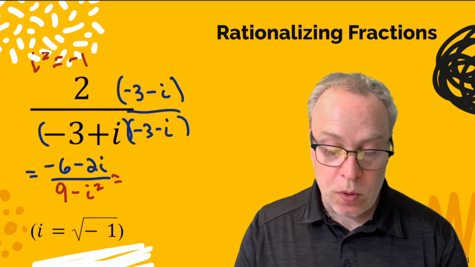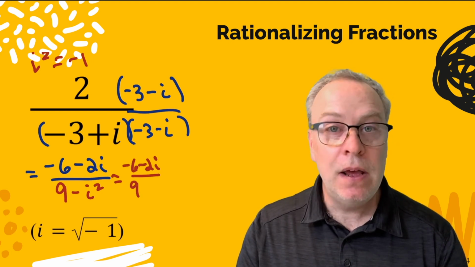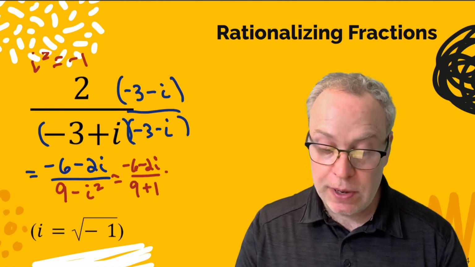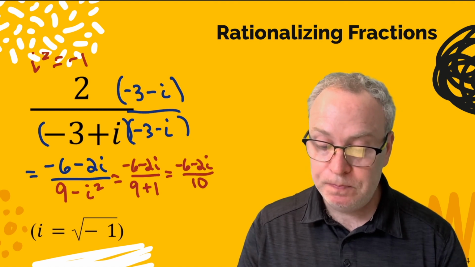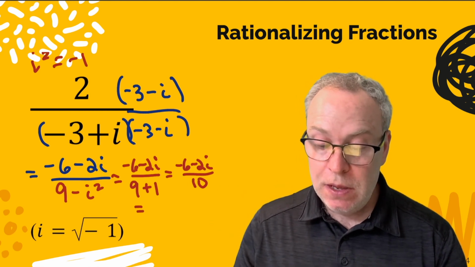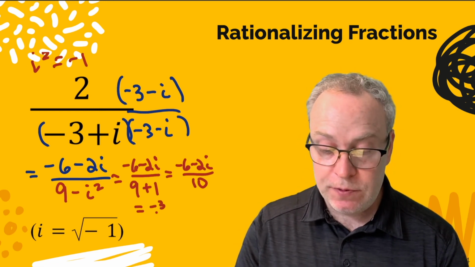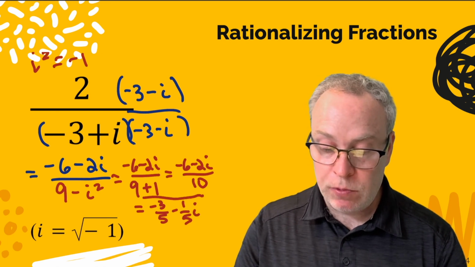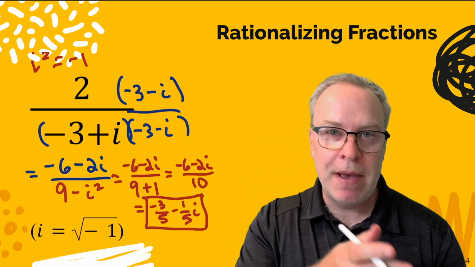So we're going to have -6 minus 2i all over 9 minus -1, which is really 9 plus 1. So we have -6 minus 2i all over 10. And sometimes we go ahead and reduce this further. -6/10 would be -3/5, minus 1/5 i. Often we write it in what's called complex form, where you have the real and then the imaginary component.